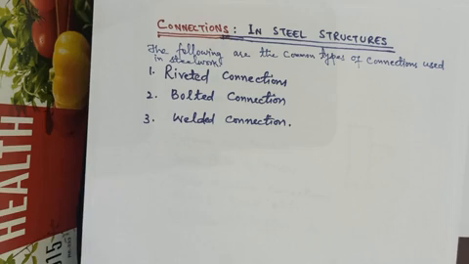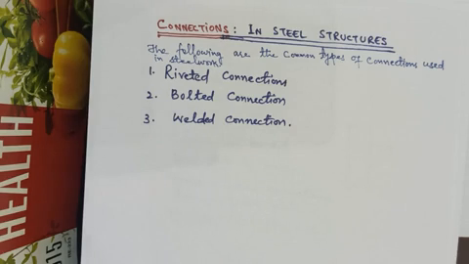Further, in the case of overloading in a structure, we prefer that the failure is confined to an individual member rather than the connections, which could otherwise affect many members in the structure. So if there is a failure of the joint or connection, the whole structure may get damaged or the whole structure is under threat.